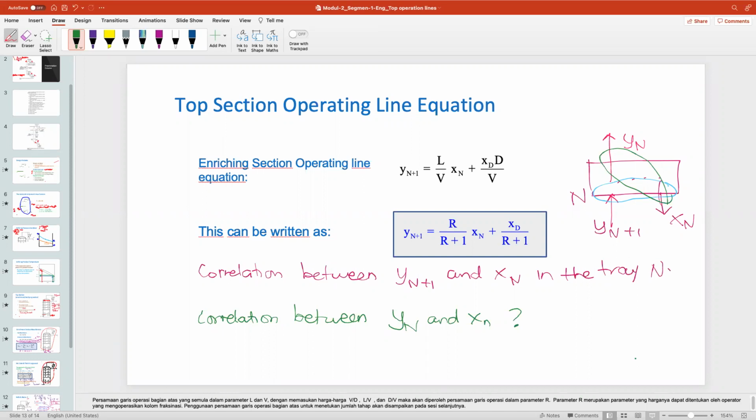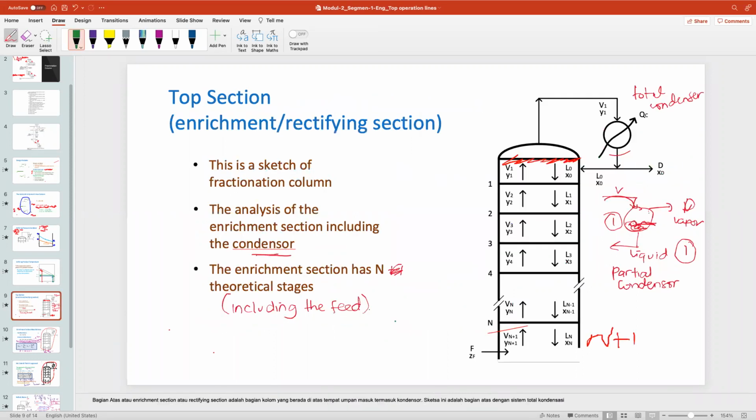Is that right? So for example, the components that are leaving tray n are yn and also xn.